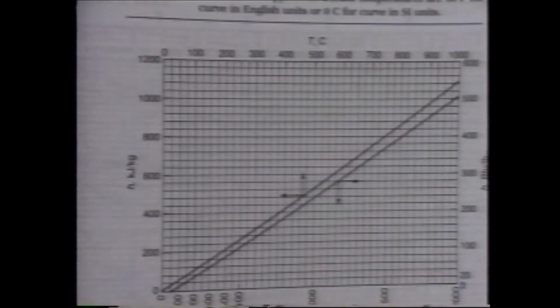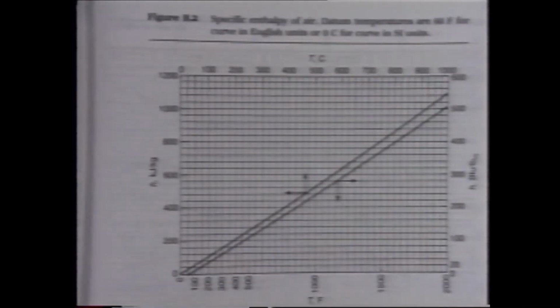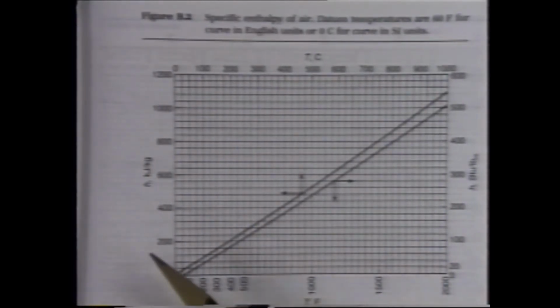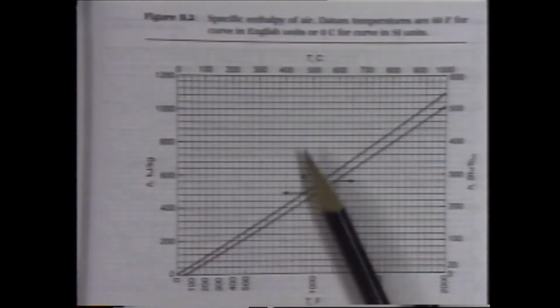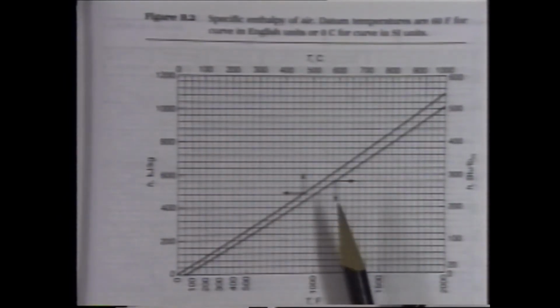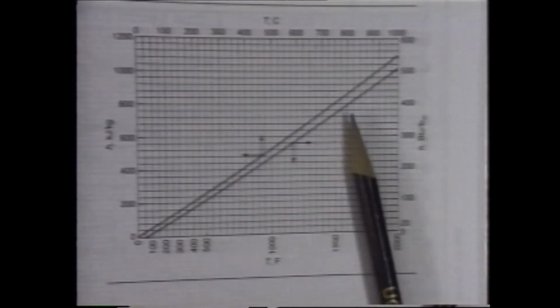A little bit less accurate, but perhaps a little bit quicker and easier to use. This chart shows the enthalpy in metric units versus the temperature in degrees C. That's what these little arrows mean. Use this axis and this axis together. Or in English units, you can use degrees Fahrenheit and BTUs per pound with the bottom curve.